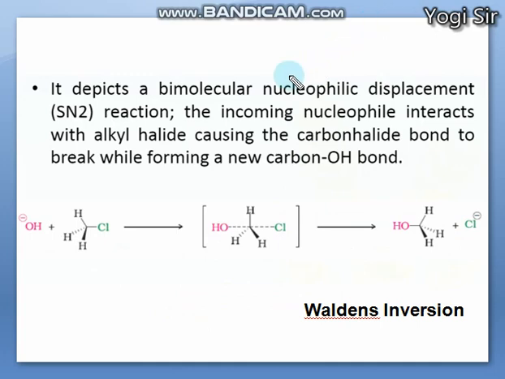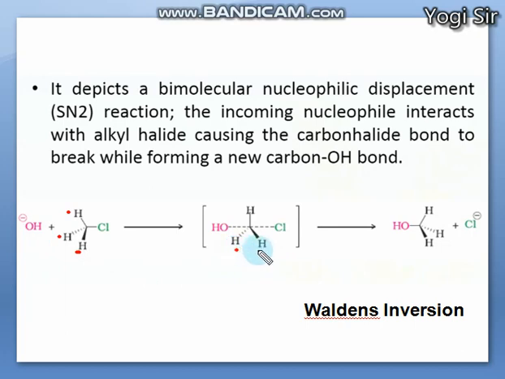And you can also see here what is happening during this reaction. See these three hydrogens here, they are present on the left hand side, means they are opposite to this chlorine, and during the reaction with this hydroxide ion there is a transition phase.